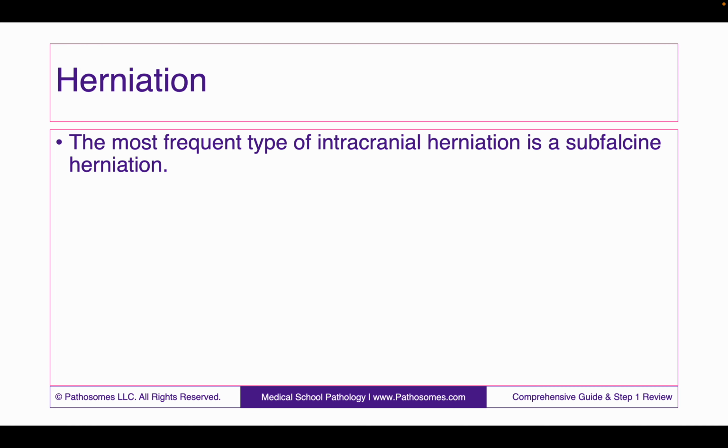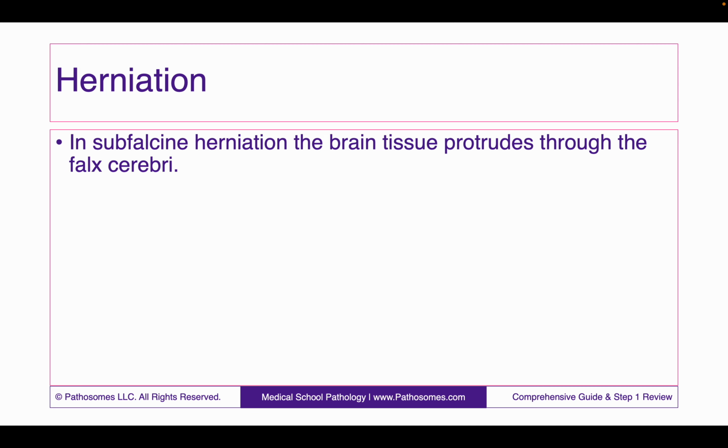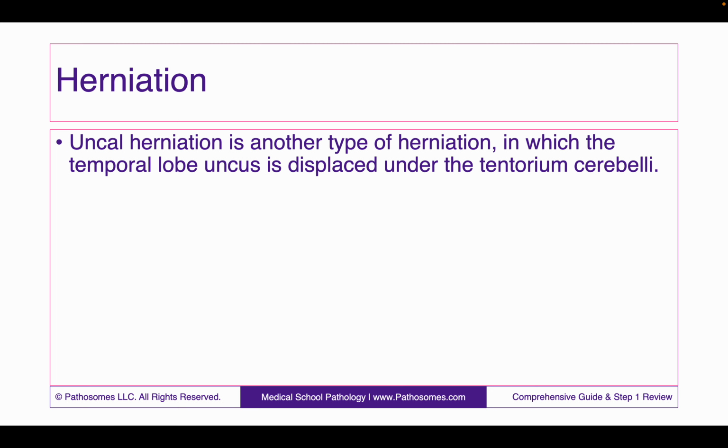The most frequent type of intracranial herniation is a subfalcine herniation, which you will be likely asked about. In a subfalcine herniation, the brain tissue protrudes through the falx cerebri. And an uncal herniation, which you will definitely be asked about, is another type of herniation in which the temporal lobe uncus is displaced under the tentorium cerebelli.